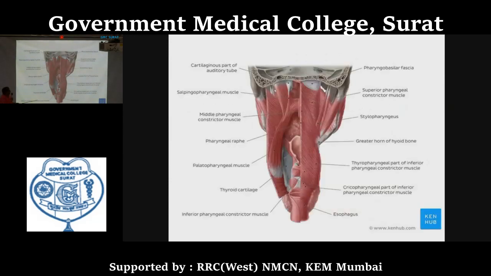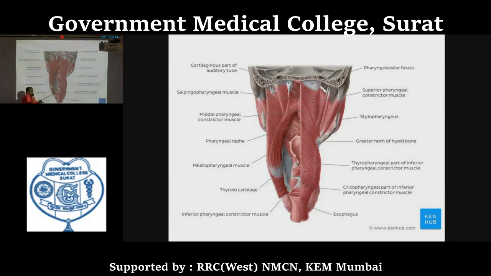First you need to get the view of this image. It's a posterior view of the pharynx, and here in the upper white part, where the muscles are deficient, the fibrous coat is thickened.